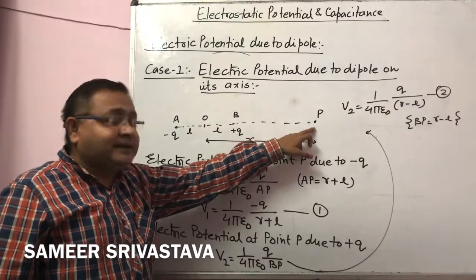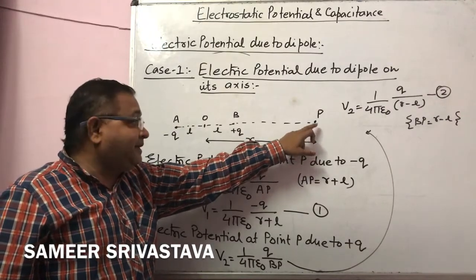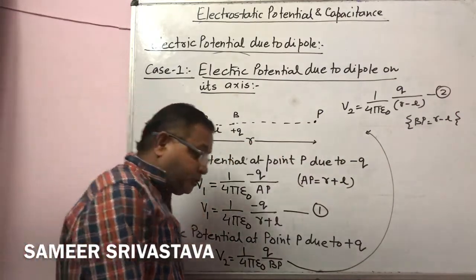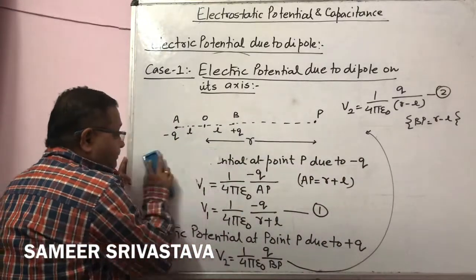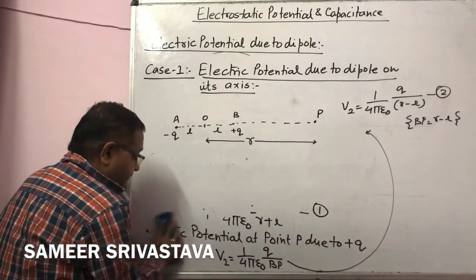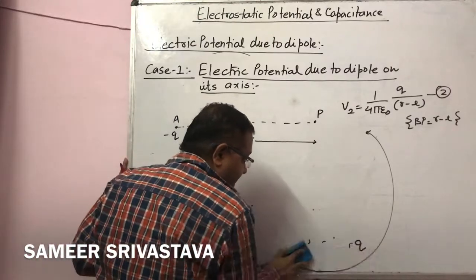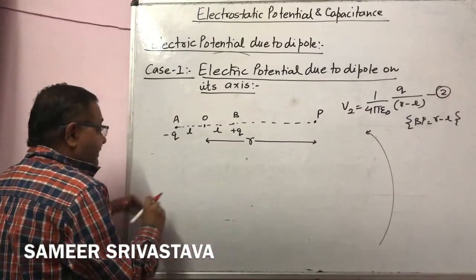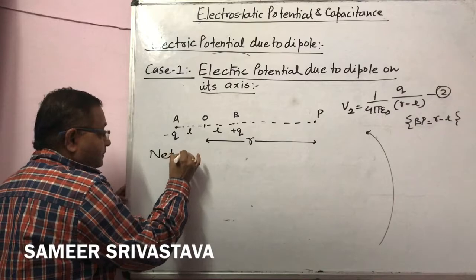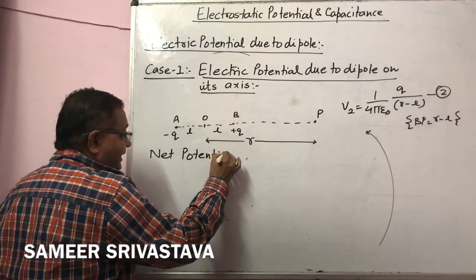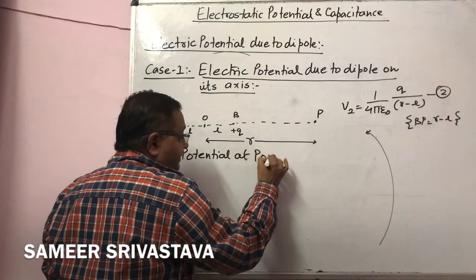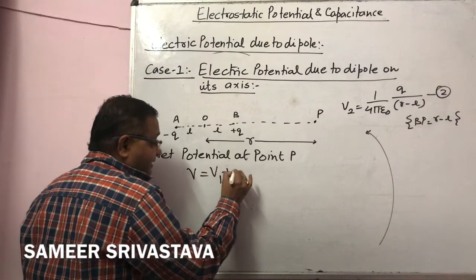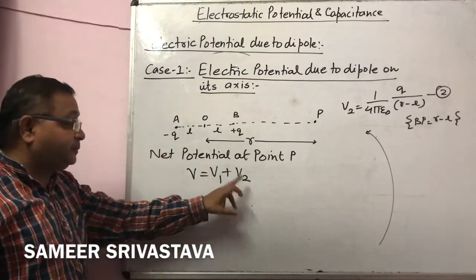Now as we know that in the case of a system of charges, the total potential is the summation of all individual potentials. So the net potential at point P, if I say the net potential is V, then it is a sum of individual potentials V1 plus V2.